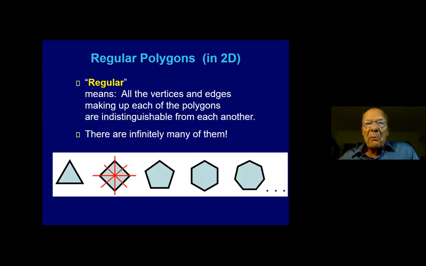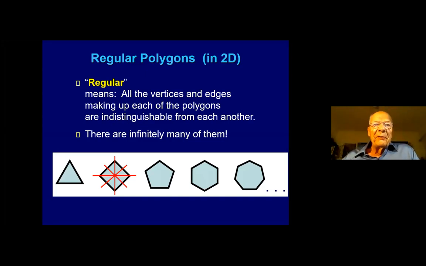Now let's look at some geometrical objects with high symmetry. We will start with some simple geometry in 2 dimensions, since we already know what symmetries to expect. These are the regular polygons. Regular means that all the vertices and edges making up these polygons are indistinguishable from one another.